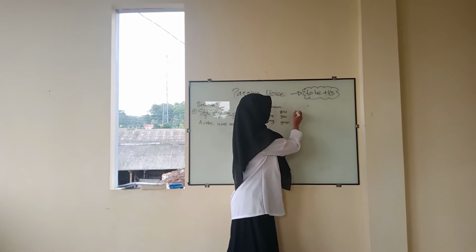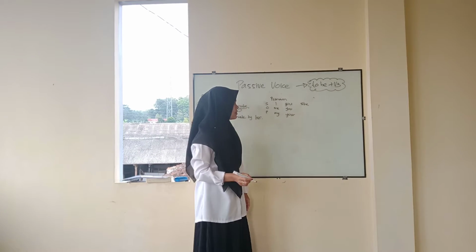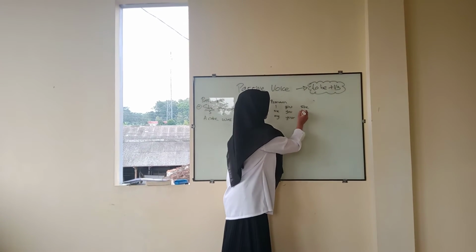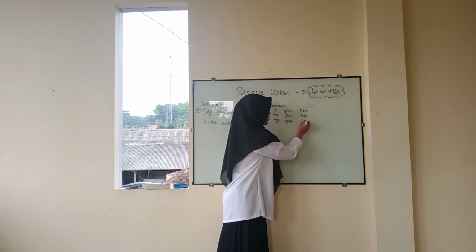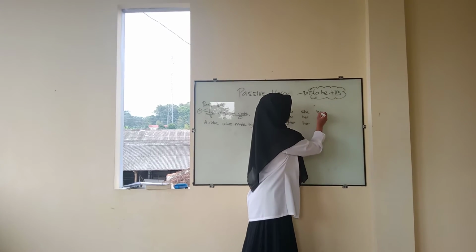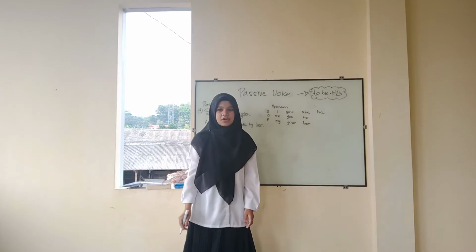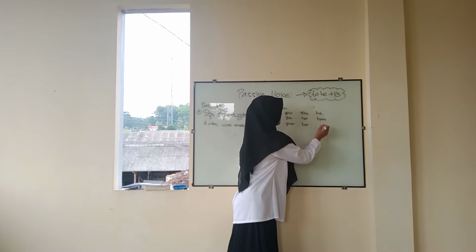Okay, she, the object is what? Do you know? Her, and the possessive is also her. And then he. What is the object for he? Him.